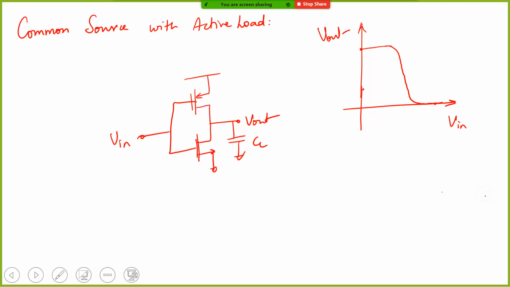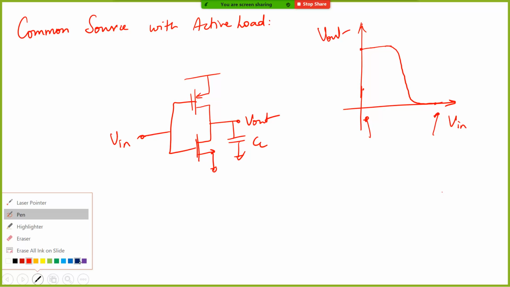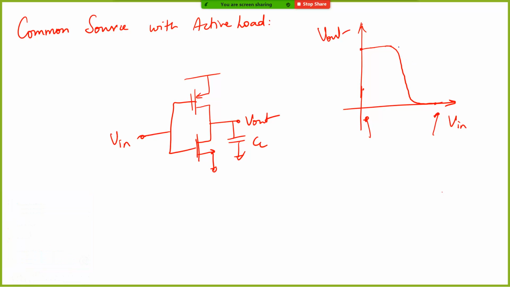The digital people use the inverter obviously in either this region or this region. As analog design engineers, you can make use of this particular circuit in this particular region. You see that there is a very steep slope here, which means there is a voltage gain happening in this region.